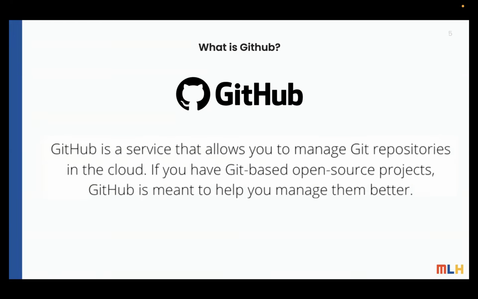GitHub is basically a hosted version of Git, a server hosted version of Git. There is not much difference between Git and GitHub. The only difference is that Git is an open source control system, so if you want to use only Git, you need to host it either locally or on some server.